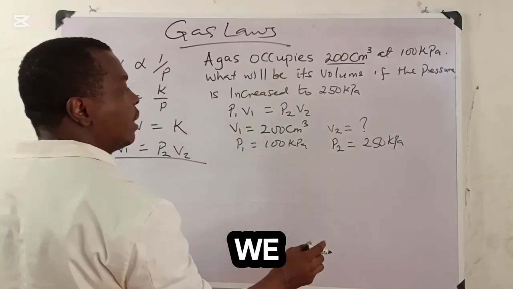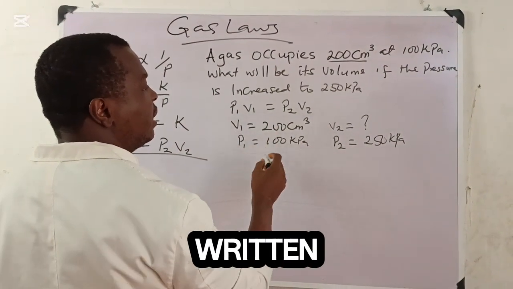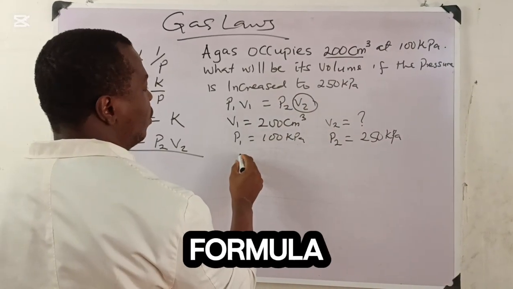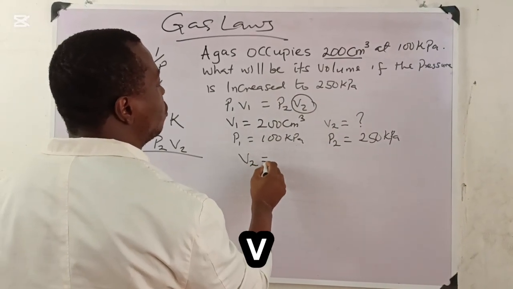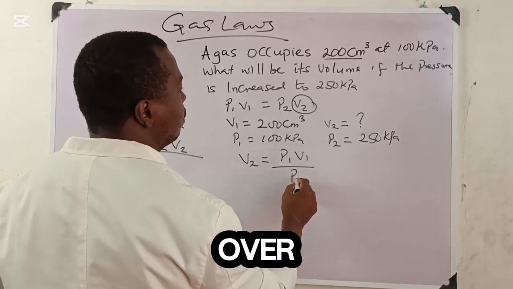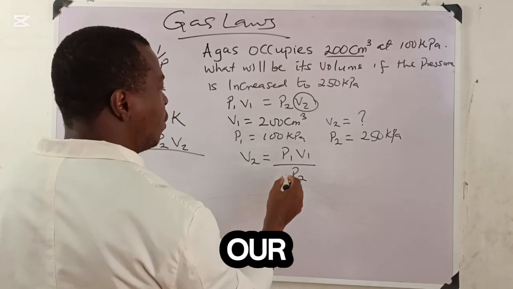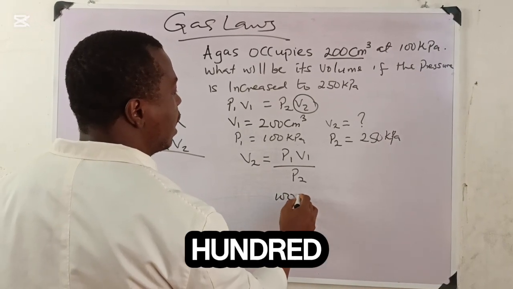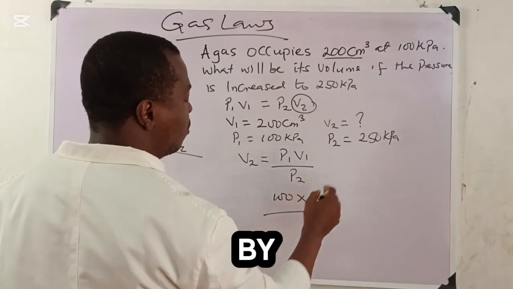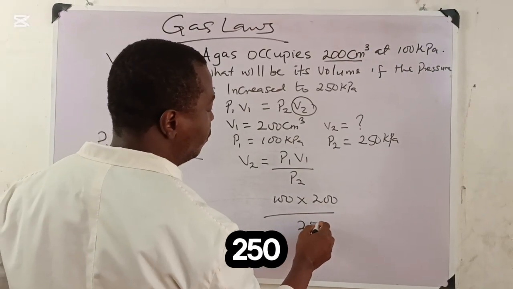So if we extend this formula and make V2 the subject of formula, then V2 is equal to P1 V1 all over P2. Our P1 is 100 and our V1 is 200, all divided by our P2, which is 250.